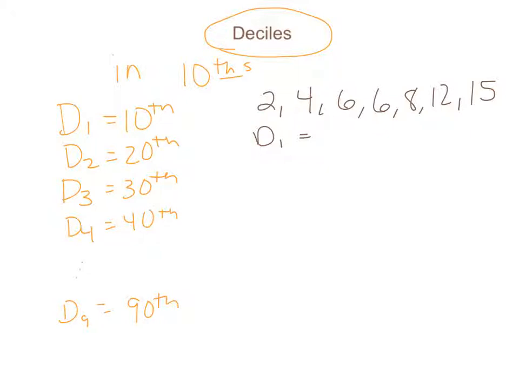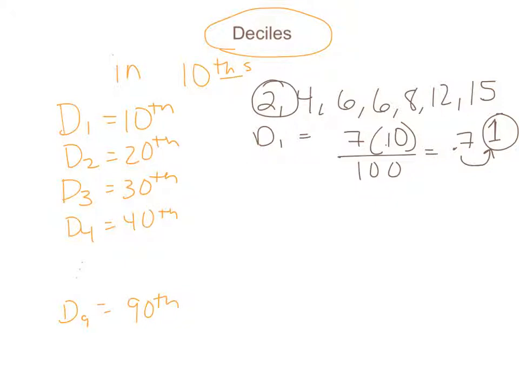Remember that I have 1, 2, 3, 4, 5, 6, 7 things here. Times 10 divided by 100, and so that would be 0.7. 0.7 is not a whole number, so I round up to my first whole number, which is 1. And in this set, D1 would be 2.